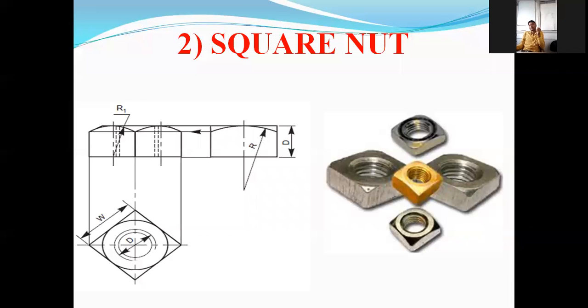In case of square nut, how should it be? So I have given one homework to study. What is the difference? Why is it necessary? In one case, periphery is bounded by hexagon, and in one case, periphery is bounded by square. Why is it so? Because the internal structure is not going to change. That threading type, etc., is not going to change at all. So the internal threading will remain the same.